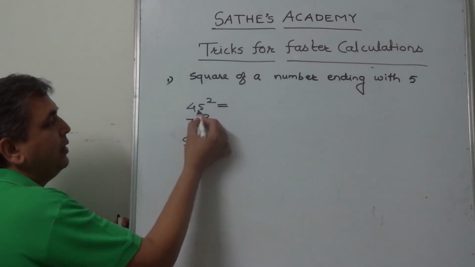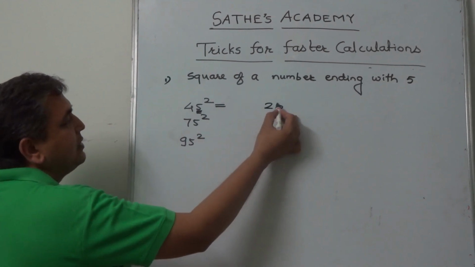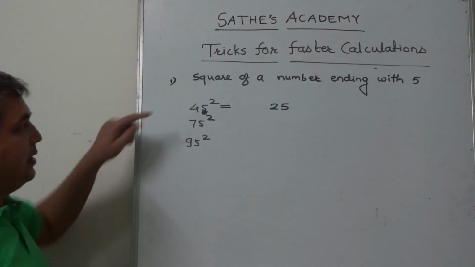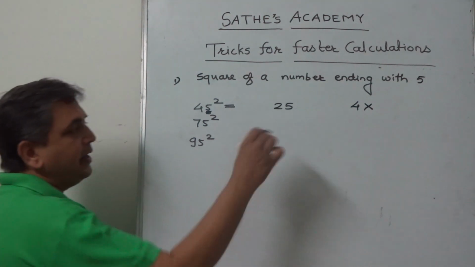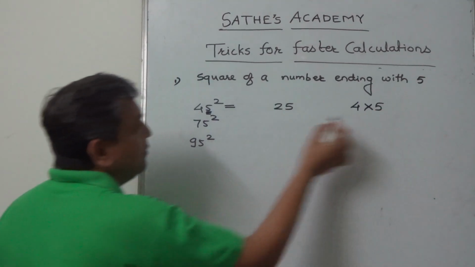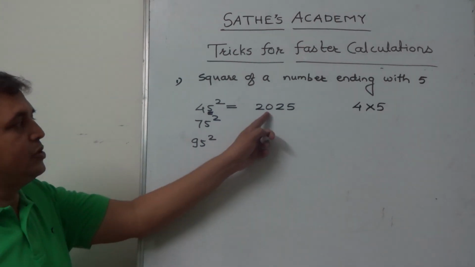What we have to do? This units place is 5, we have to write 5 square. 5 square is 25. Then the previous number 4 should be multiplied by its next number. 4 into 5, answer is 20. So 45 square will be 2025.